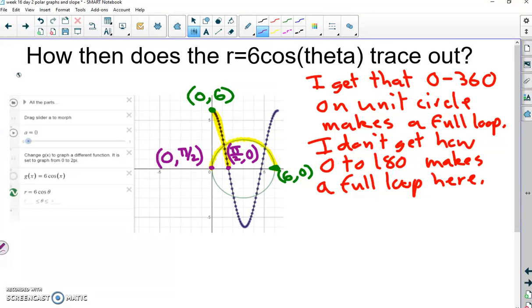This is already kind of in James's question. James asks, okay, 0 to 360 makes a whole loop, so 0 to 180 should make half a loop. And already I'm almost contradicting James, because I've only gone 0 to 90, but I already make half a loop. Because where am I centered? Here's the key. I'm not centered on the origin. I'm attached to the origin.